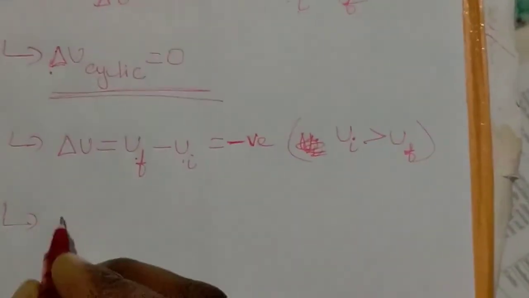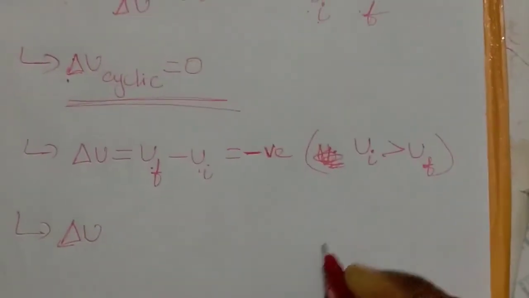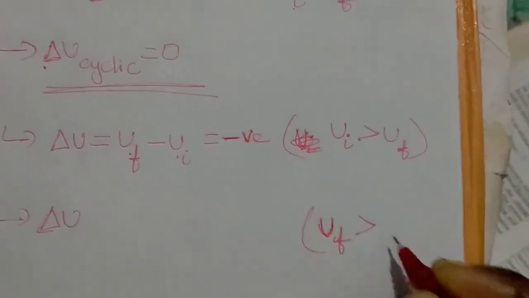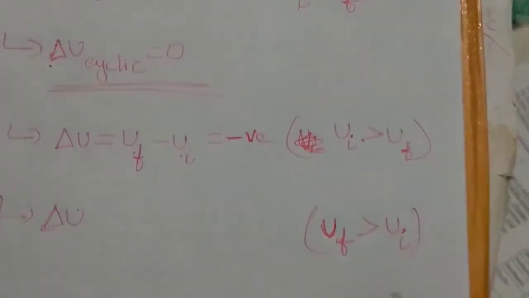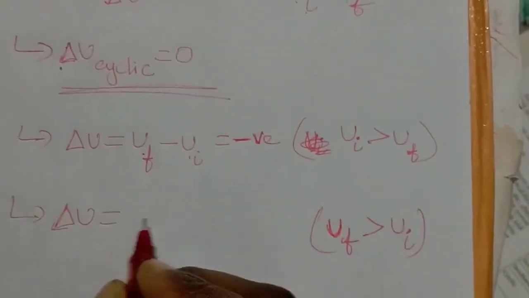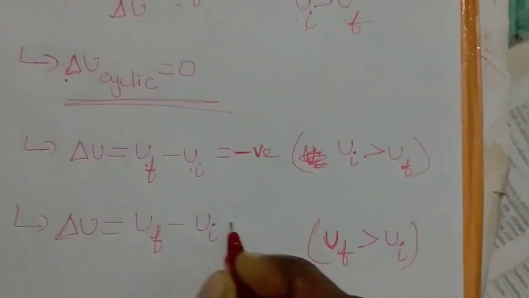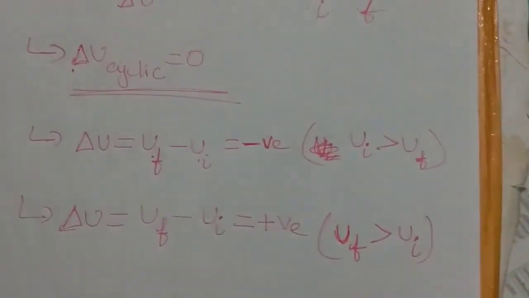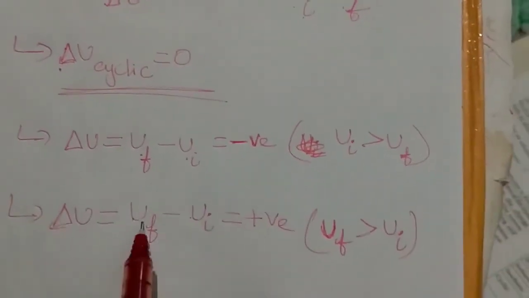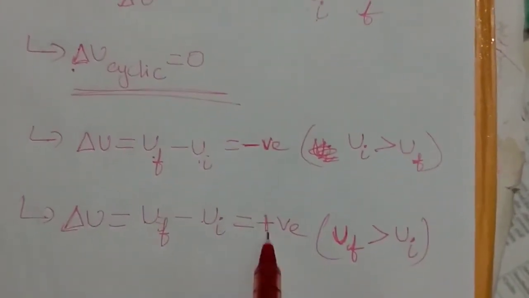And it is opposite for the positive internal energy. What is the condition? If the internal energy of the final stage is greater than the internal energy of the initial stage, then the change in internal energy delta U equals UF minus UI, and it will produce only positive internal energy. This is greater, this is lesser, so if you subtract, you get the positive one.